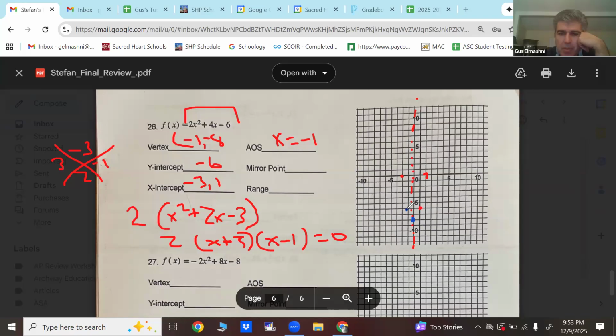Not sure what's meant by a mirror point, but maybe something that mirrors the y-intercept, so negative 2 comma negative 6, while the y-intercept is 0 comma negative 6. The x-intercepts are negative 3 comma 0 and 1 comma 0. And the range is y is greater than or equal to negative 8.